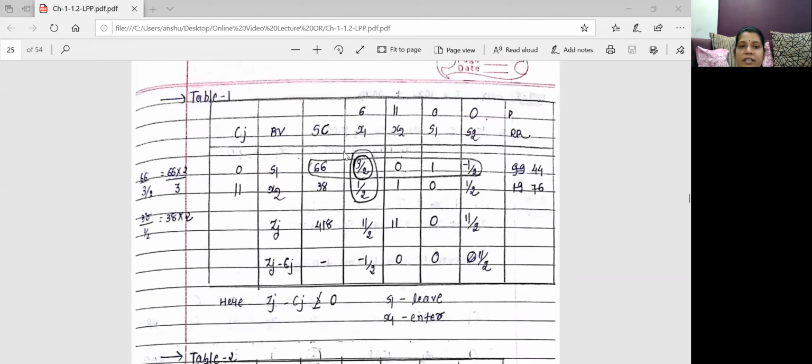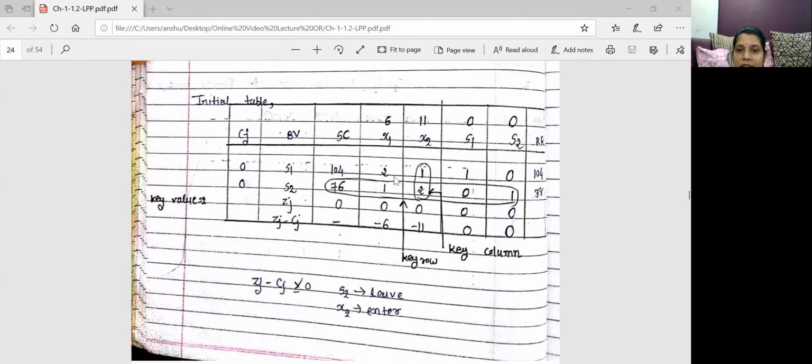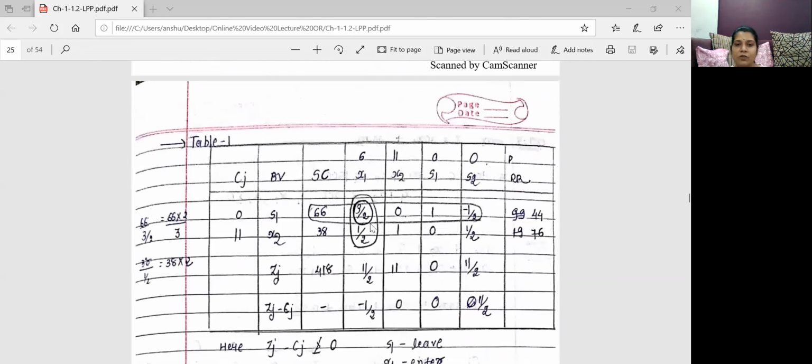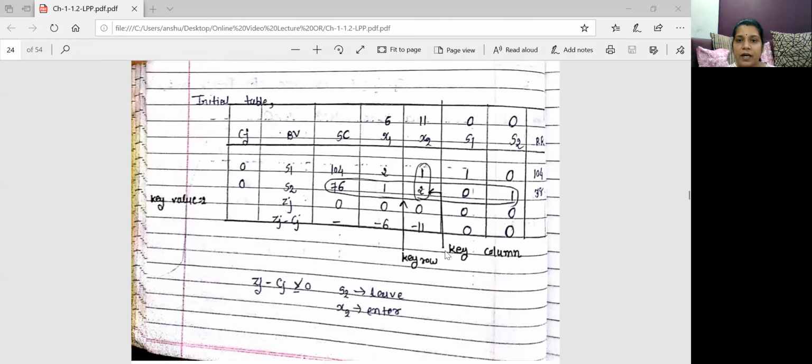So we get 66. Again, we change these values. So key number multiplied by 2. That means 2 into 2 minus 1, divided by 2. Then we get the value of 3 by 2. Okay. Again, the 2 is 0. तो ये आपका 0 हो गया.